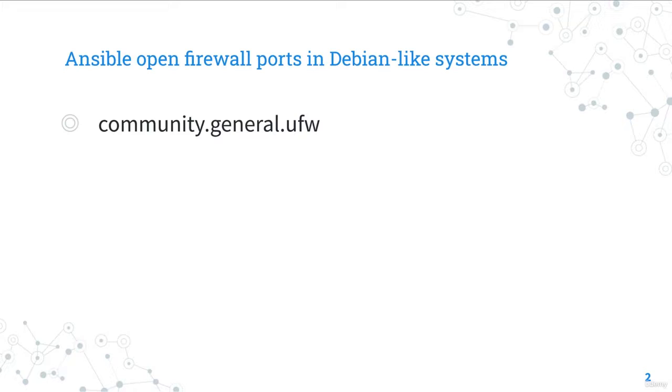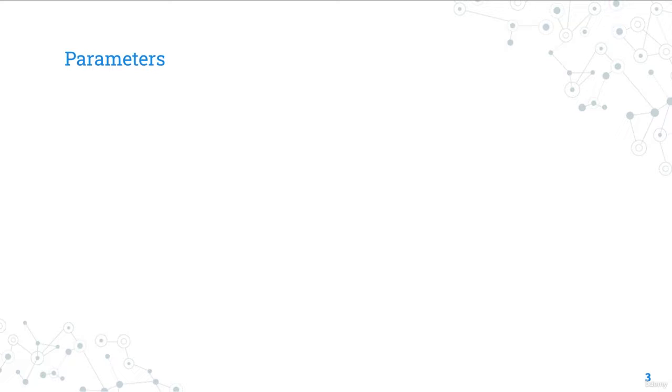This module requires Ansible 2.9 or more. It works in a Debian-like system, so distributions like Debian, Ubuntu and Mint with the UFW firewall, the uncomplicated firewall. This module manages the firewall with UFW, as you expect.